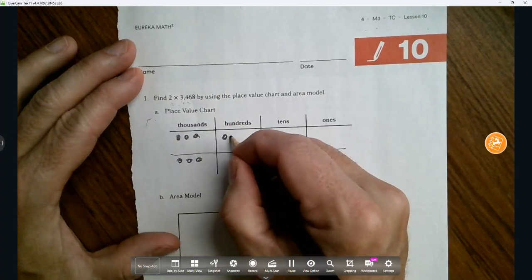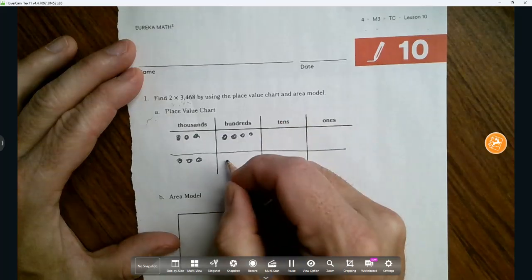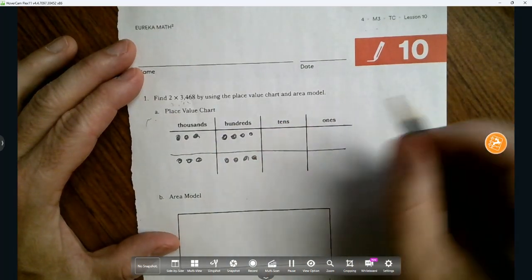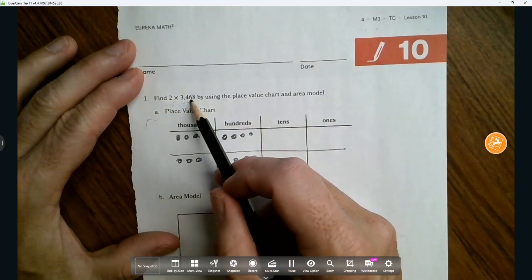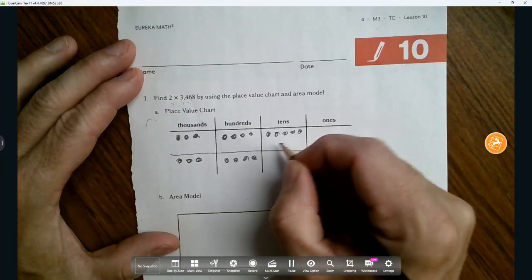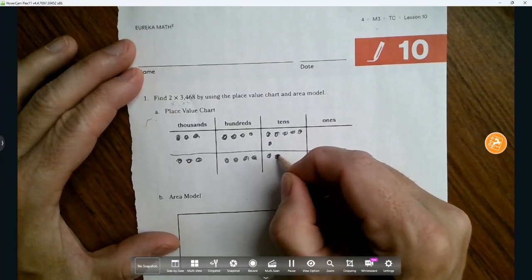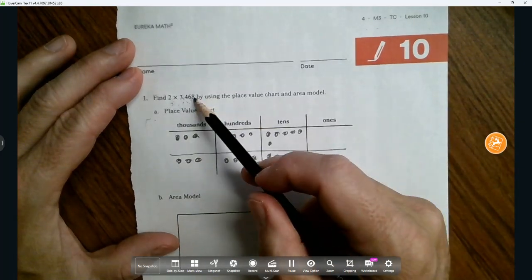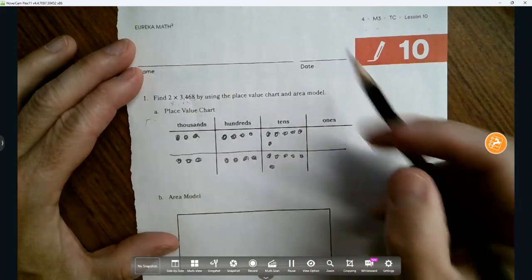So we need to see 4 2 times. All right. We need to see 6 2 times. And we need to see 8 2 times.